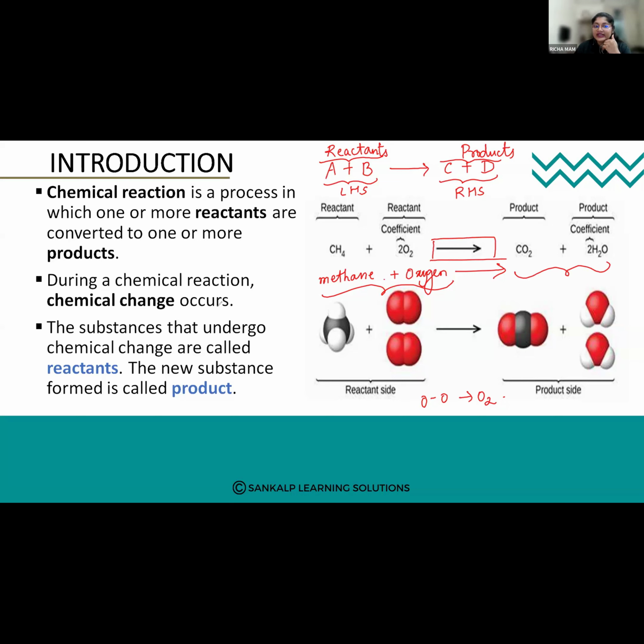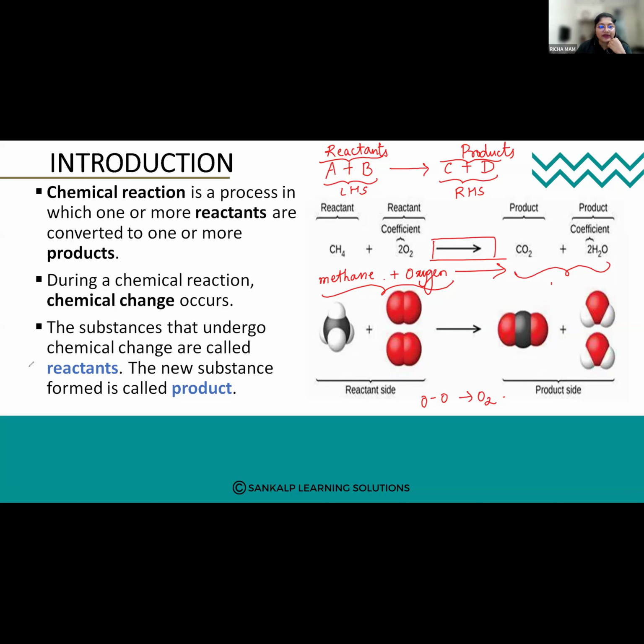The substances undergoing the chemical change are called the reactants, and the new substances produced on the right hand side are called the products. I hope the terms chemical reaction, reactants and products are clear.